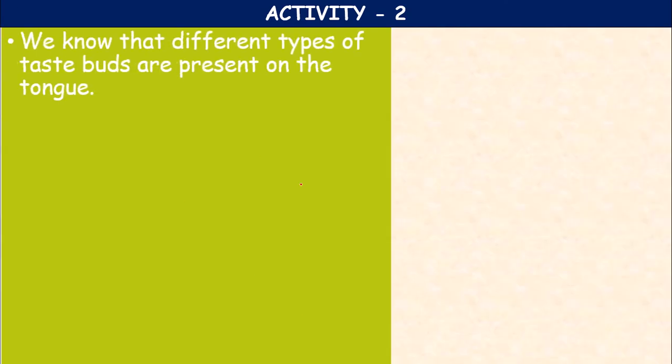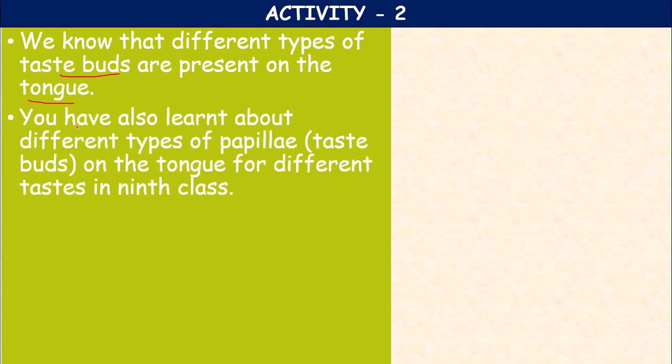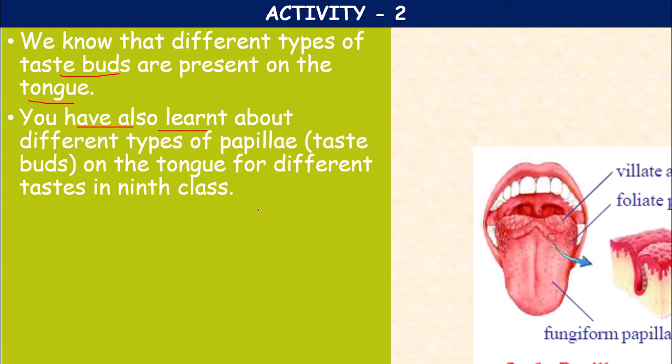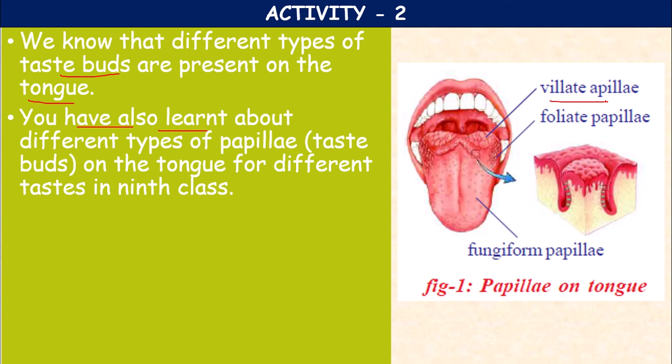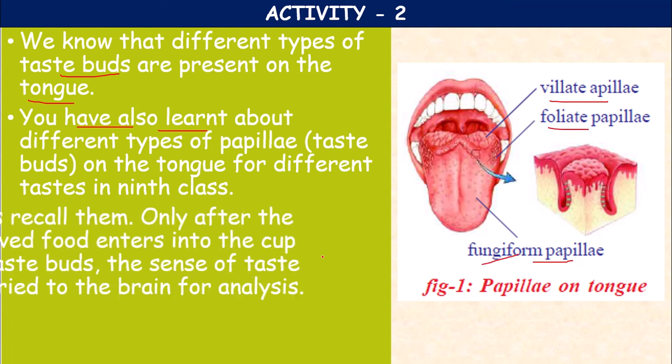So we know that the different types of taste buds are present on the tongue. You have also learnt about different types of papillae, taste buds on the tongue for different tastes in 9th class, isn't it? So vallate papillae, foliate papillae, the fungiform papillae.